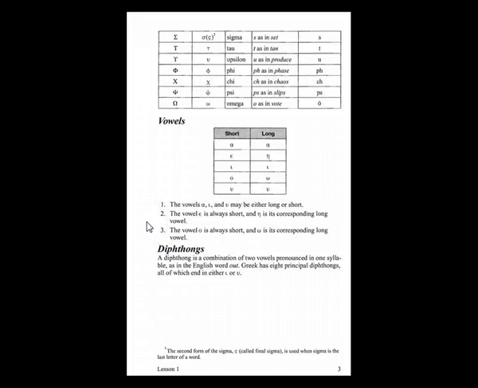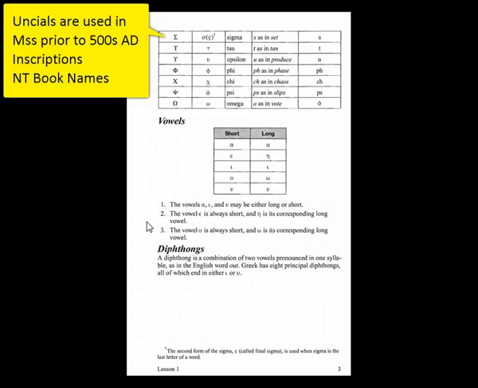One reason is that all manuscripts written prior to the 500s were written in uppercase letters, as well as public inscriptions. And even in our modern New Testaments, the names of the books of the New Testament will be written in all uppercase, or in uncials.